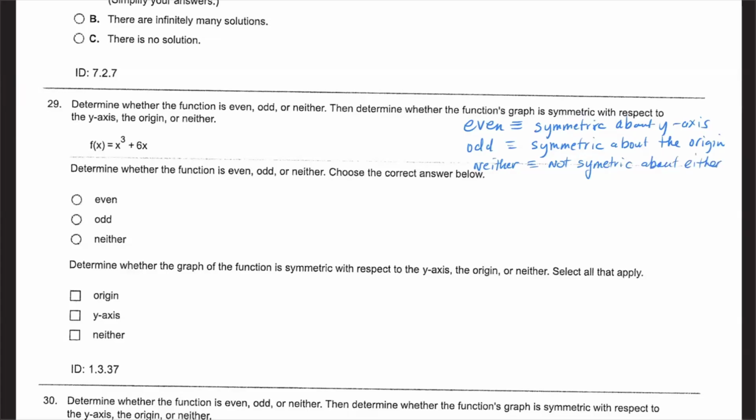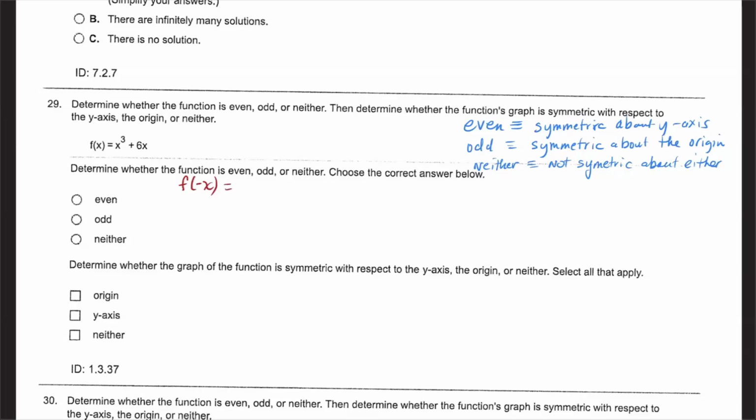Technically, what you're supposed to do to find out whether a function is even or odd is replace f of x with f of negative x and compare the terms. I don't know what your instructor is looking for, but this is how you determine. You plug in negative x and simplify the function.